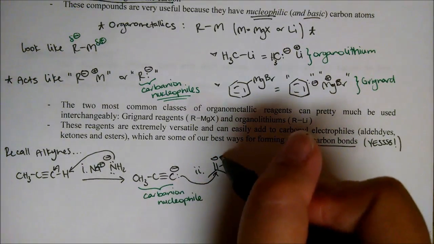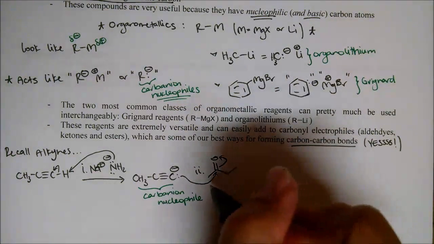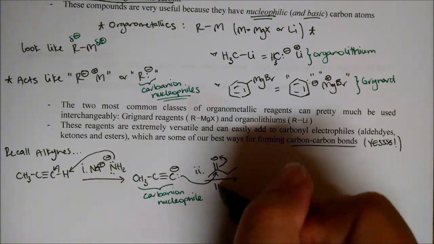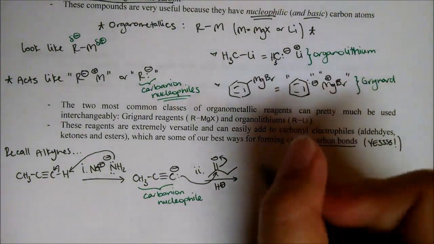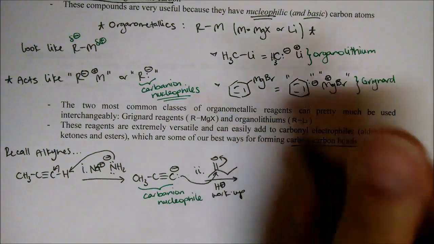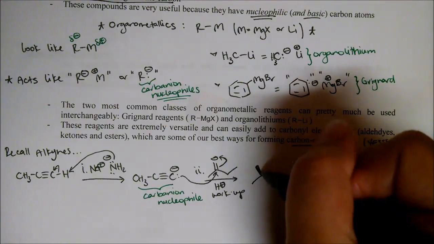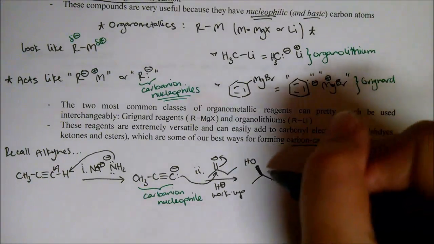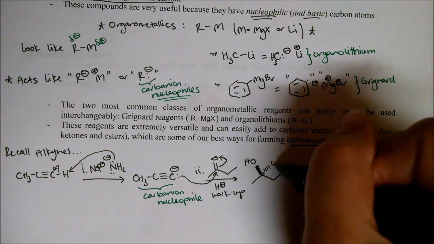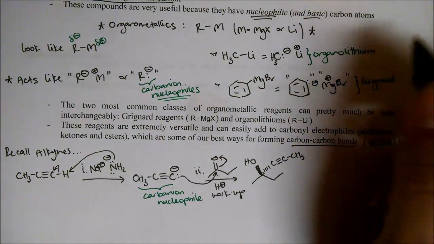Remember, it was very electrophilic at the carbon. And then after the acidic workup, I'm not going to draw it, we would get a racemic alcohol. So we get OH, C, CH3.